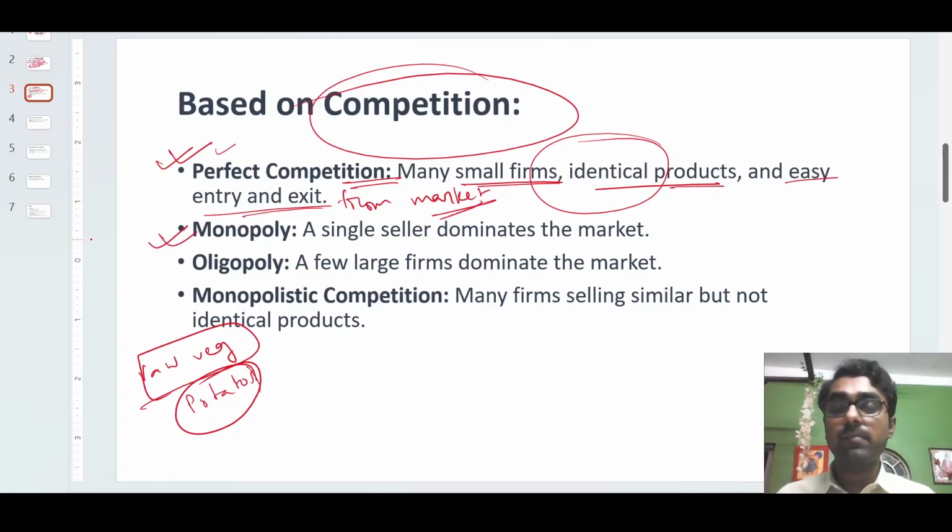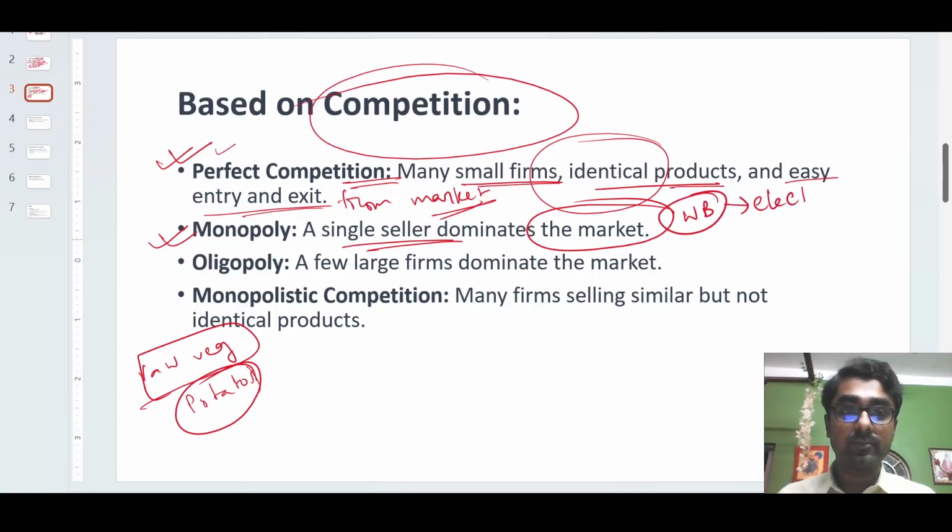The next type of market is called the monopoly market, which is very important. Here a single seller dominates the whole market. For example, in the case of West Bengal and the electricity board, just think about electricity in West Bengal.